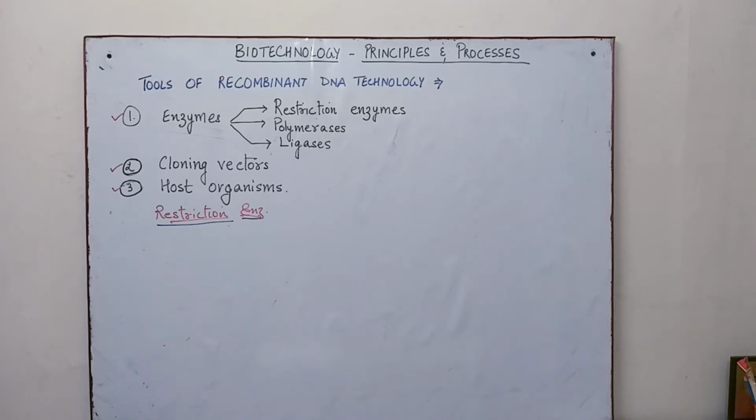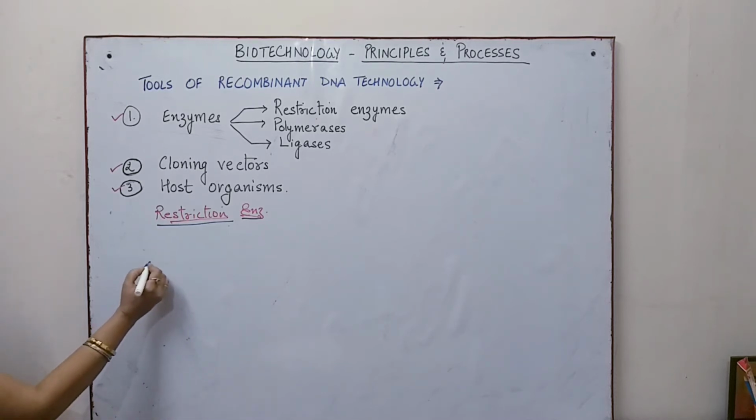Now, a bacterium uses restriction enzymes to defend against bacterial viruses, or bacteriophages. How does it do this? When a phage enters the bacterium, it inserts its DNA into the bacterial cell.